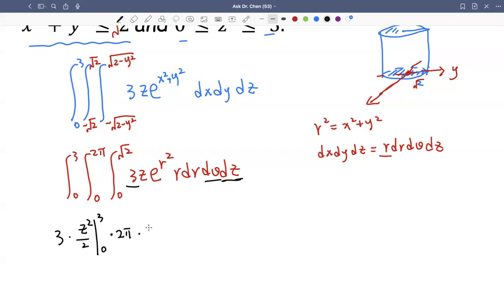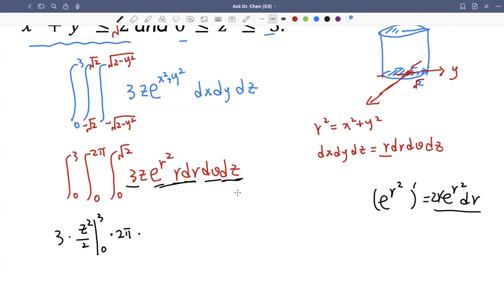In the r direction, we have e to the r squared. If we take the derivative of this, we get e to the r squared multiplied by 2r by the chain rule. We have r e to the r squared dr, so we have these terms, we're just missing the 2.